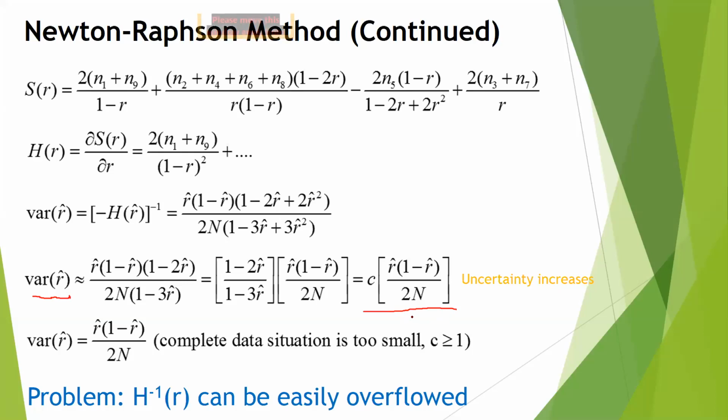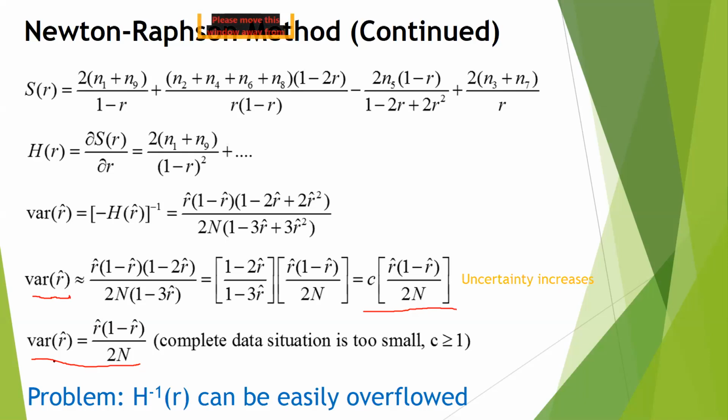This value represents the estimation error for dealing with the incomplete data problem, where we only observed the 9 categories. Is that correct? Yes. Okay. Now this is from the previous case. So this is the variance or the estimation error for dealing with the complete data sets where we can observe the whole 16 cells. Is that correct?